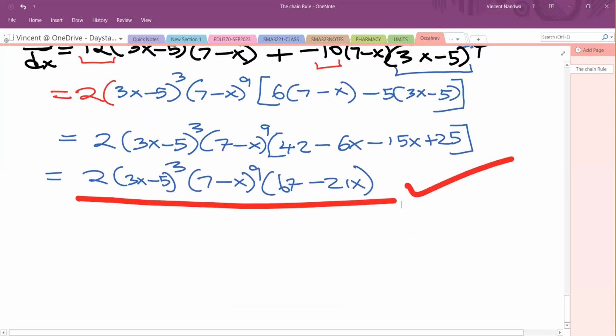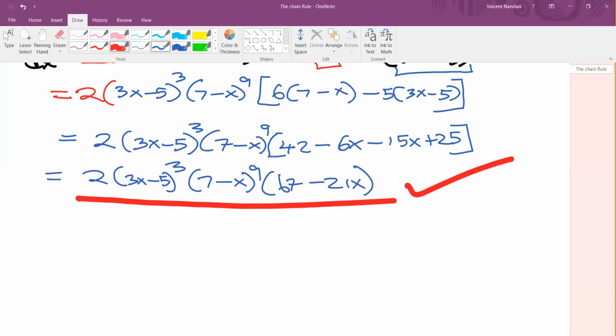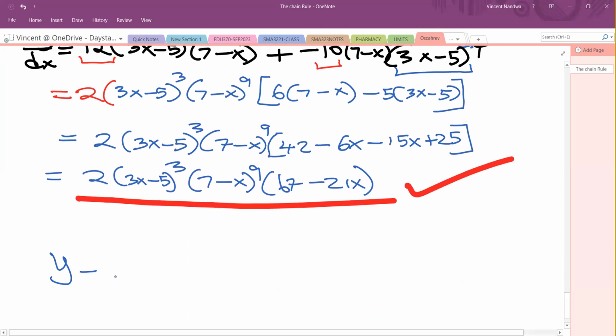The other problem was to find dy/dx given that y is the 4th root of x plus 3 divided by x minus 2. Okay?